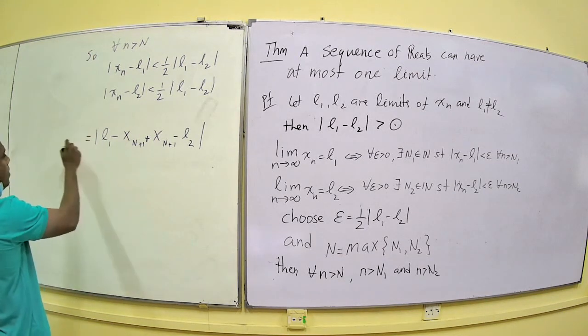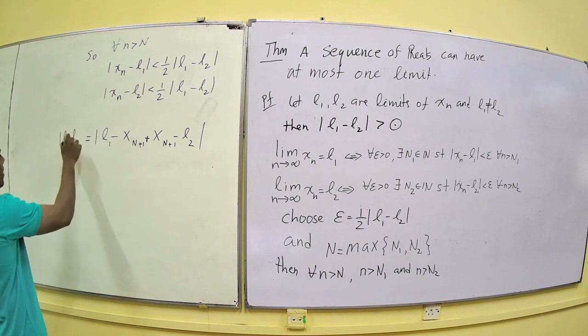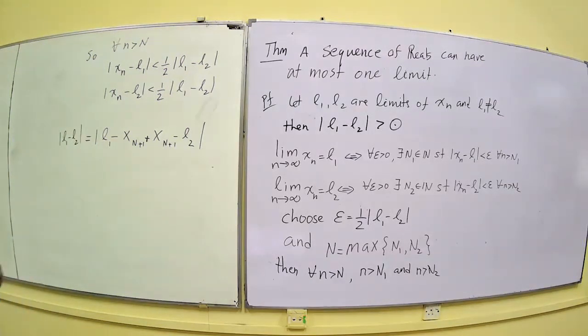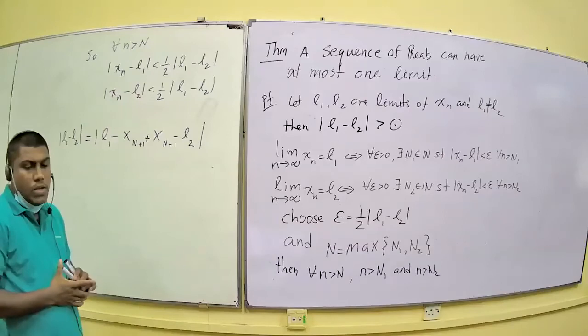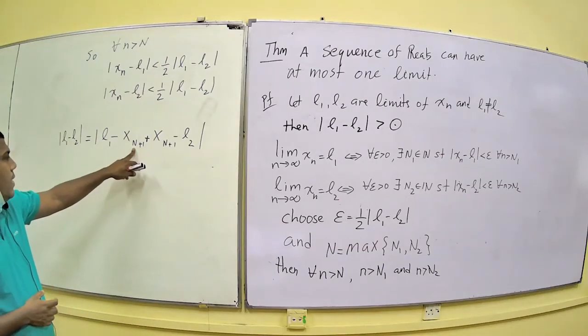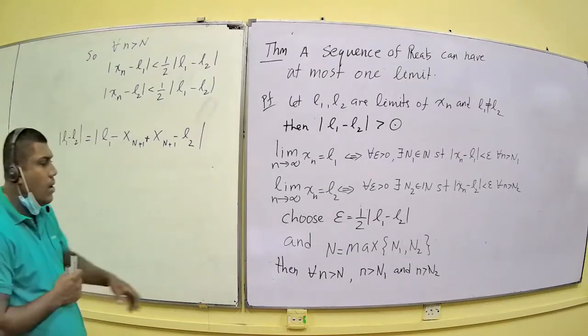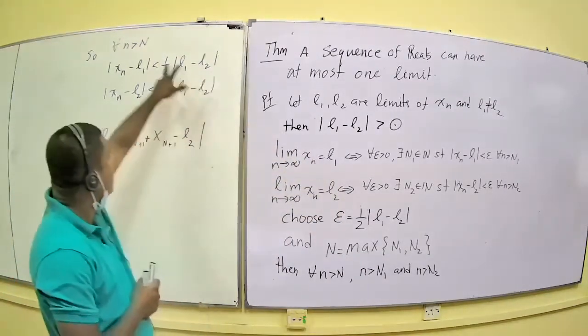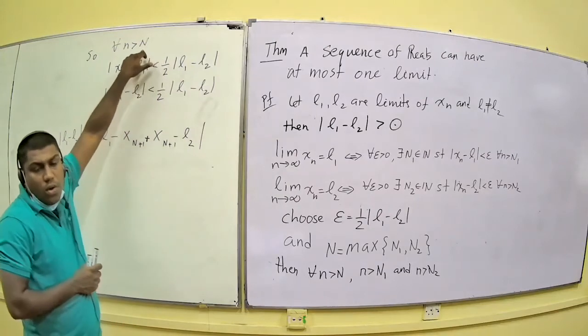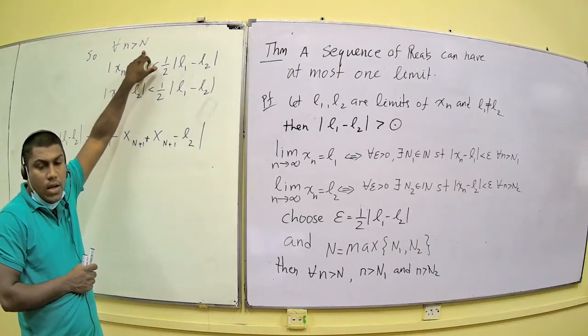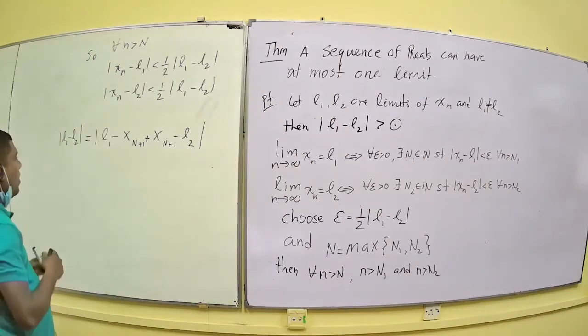So this is actually L1 minus L2, right? If you start with L1 minus L2, you add and subtract x(N+1). That is because the result is true for all n bigger than N, so you can choose N plus 1.